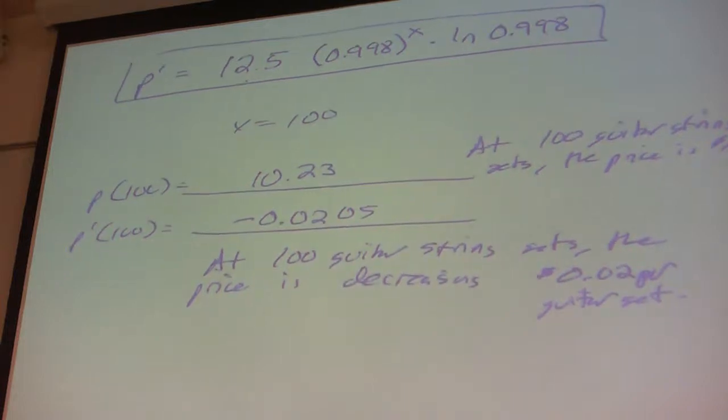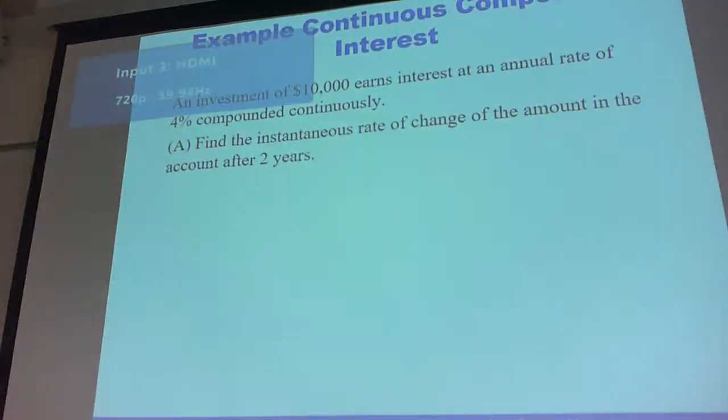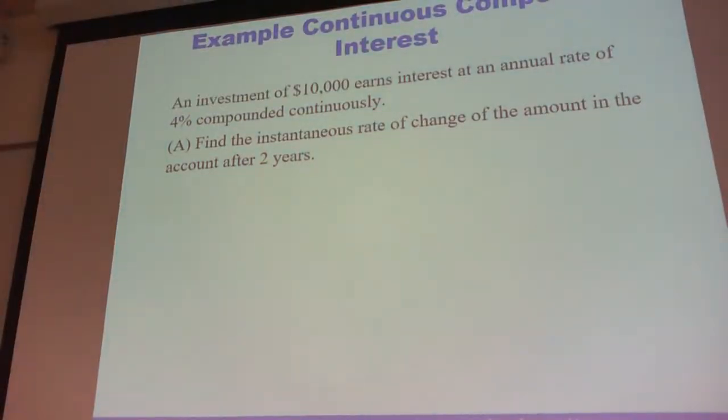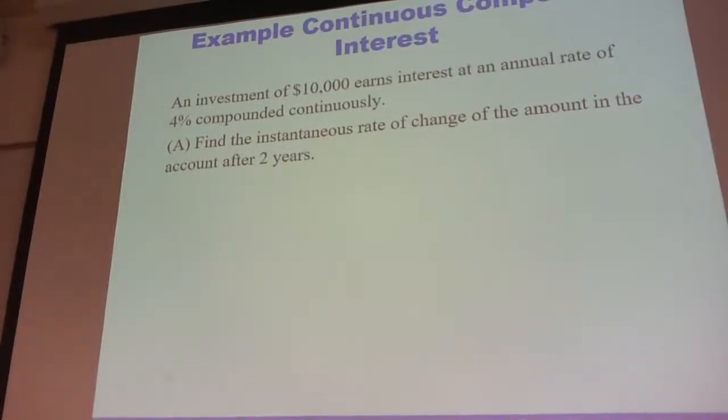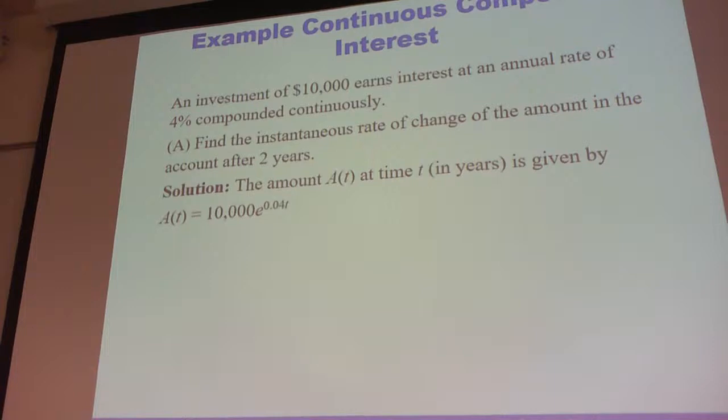Next word problem. An investment of $10,000 earns interest at an annual rate of 4% compounded continuously. Find the instantaneous rate of change, derivative, after 2 years. Okay? So you're starting with the formula.